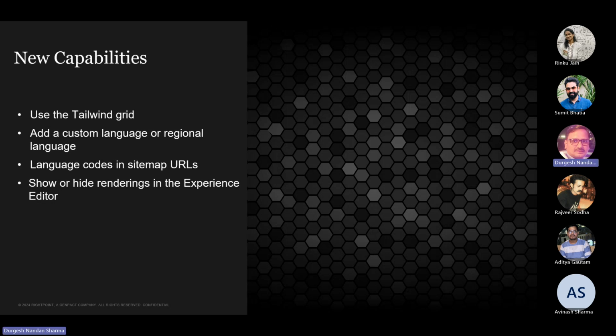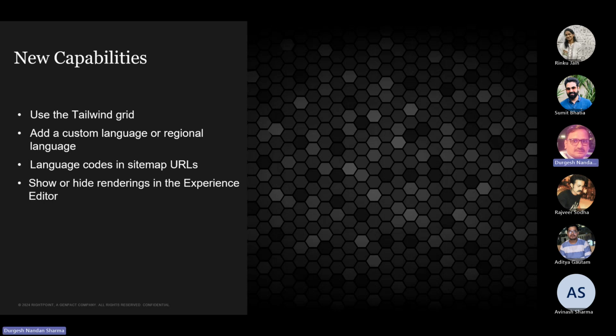The third one is the most important feature introduced in 10.4. It enhances SEO by allowing the inclusion of the language code in the sitemap URL. Whatever language we are using, it will be included in the URL. This feature ensures search engines can better index the multilingual content and understand the language targeting of specific pages.